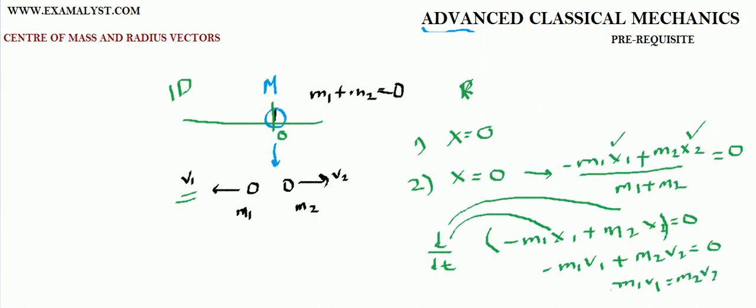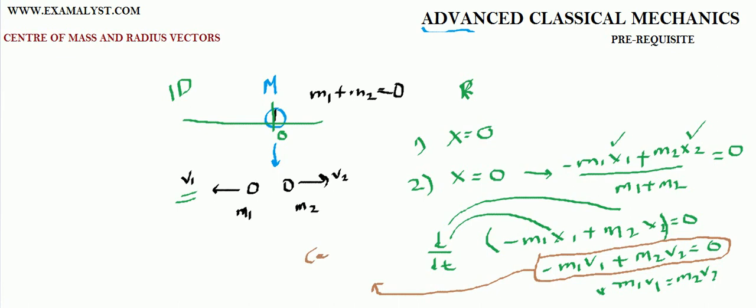So forget this part and concentrate more on this part. You see, the conservation of the position of center of mass before and after collision indirectly gives you the conservation of momentum. If you look at this equation, it is nothing but conservation of momentum.